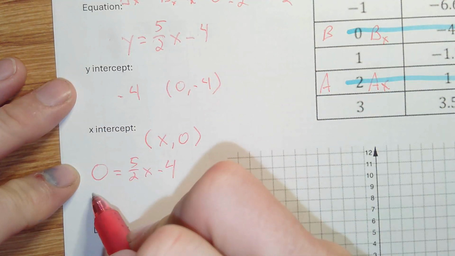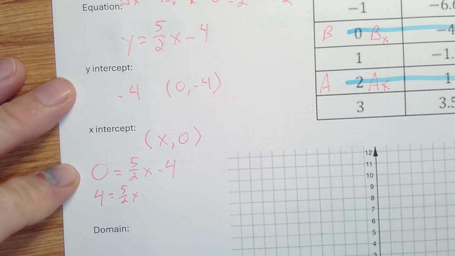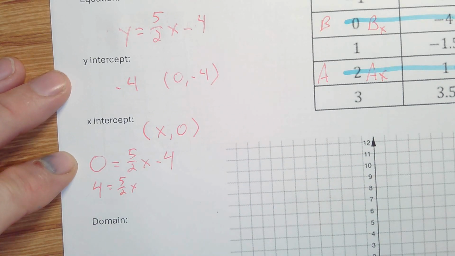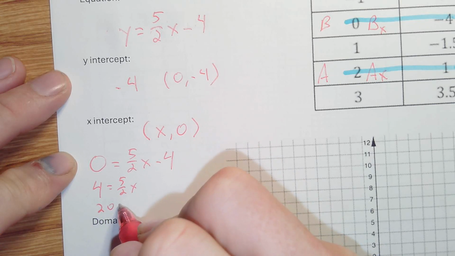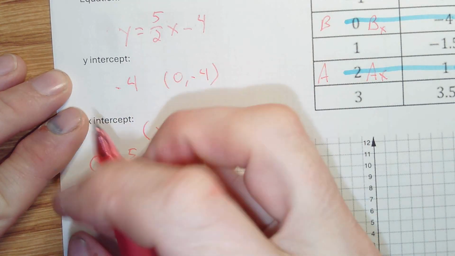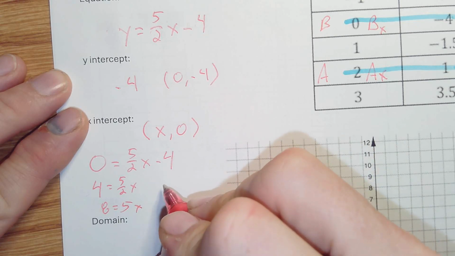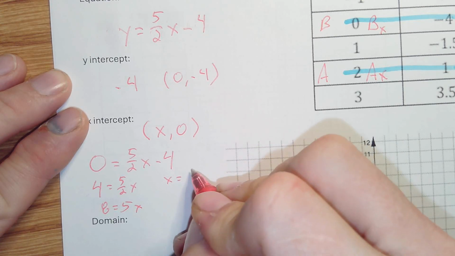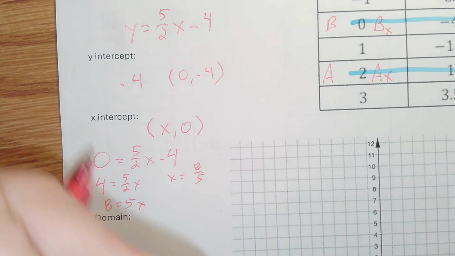I'm gonna make this 4 equals 5/2 x. Multiply both sides by 2. This is gonna be 20. No, that's not right. 8. It's gonna be 8 equals 5x, and then x is gonna be equal to 8/5. And that's gonna be 8/5.